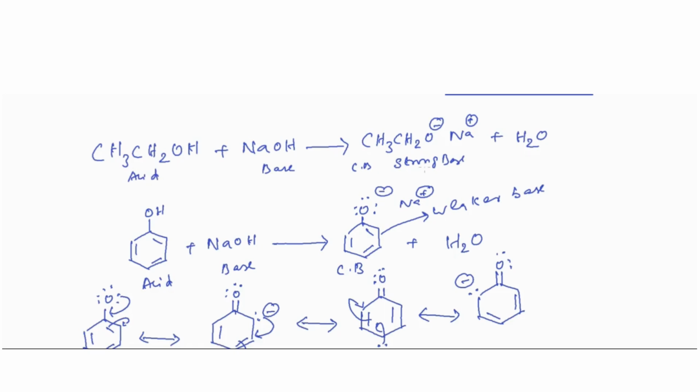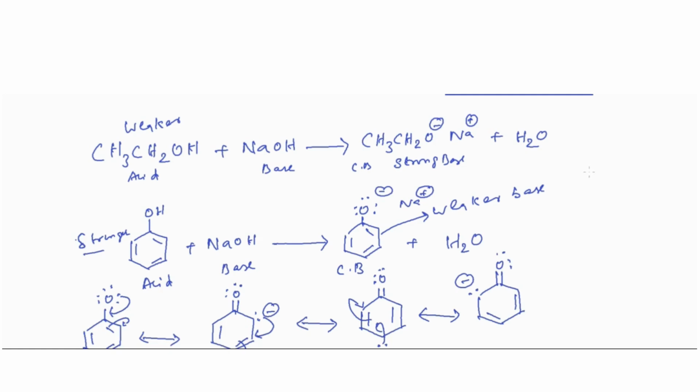If the conjugate base is stronger, then automatically the acid should be weaker. Here the phenoxide ion is weaker, so definitely its acid, phenol, will be stronger. That's the reason phenol is a stronger acid than alcohol, due to the resonance of the phenoxide ion.